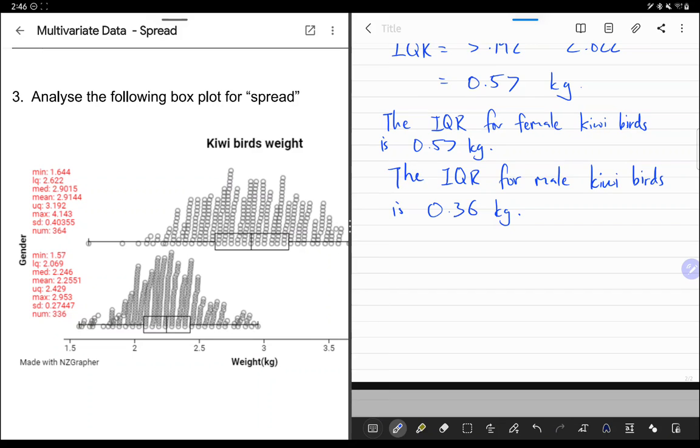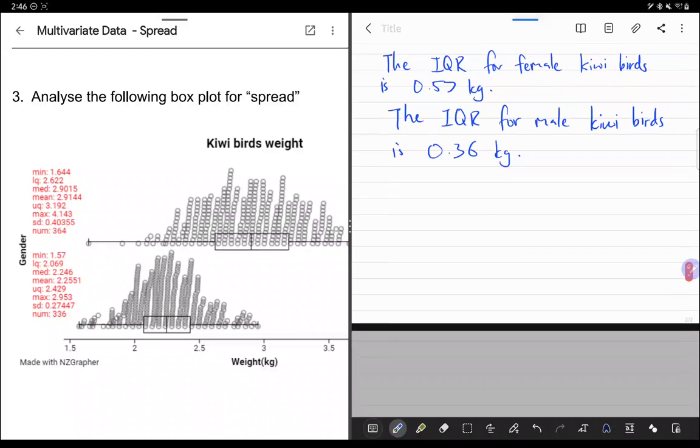Okay, sentence number 3 is exactly this. It is saying, which one's bigger than which? Which one has a bigger IQR? Which one has a bigger spread? And we can see that the female kiwi bird has the bigger number there.